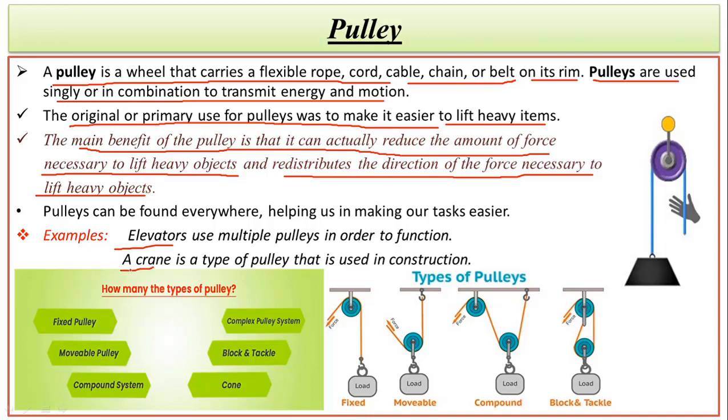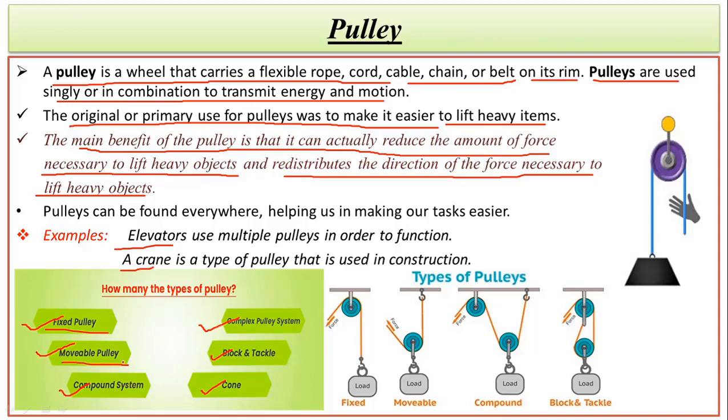Pulleys can be classified into many groups as a fixed pulley, a movable pulley, a compound pulley, a complex pulley, a block and tackle system, and a cone system. Out of all these, we will study a single fixed pulley and a single movable pulley.